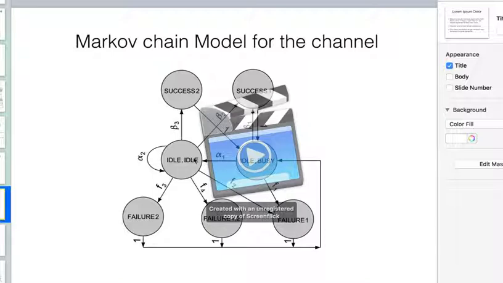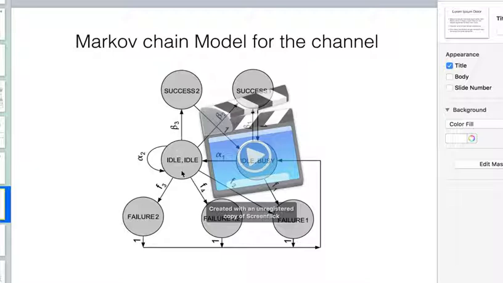Also, when we are in the idle state, it may transition into these five states: success 2, failure 2, failure 1 and 2, failure 1, and success 1.